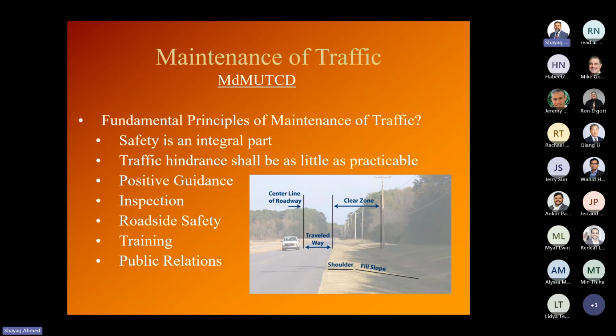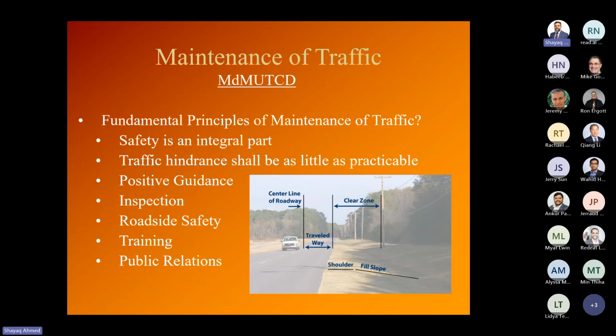If the work activities can be scheduled during off-peak hours or nighttime, if it's not a residential area, those options should be looked at first, because more work can be done with less hindrance to traffic and also more safety for the road users during nighttime and off-peak hours. As the traffic is more, the possibility of having crashes and also congestion is going to be more.